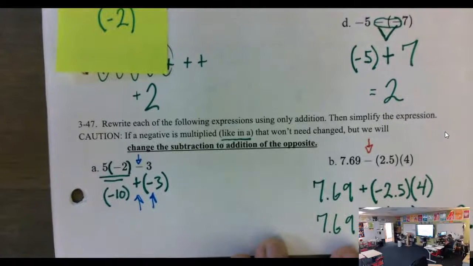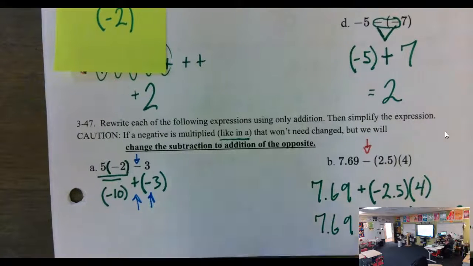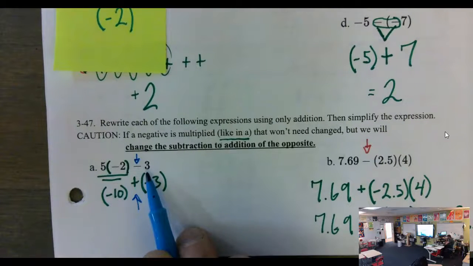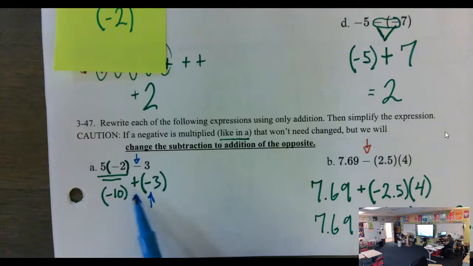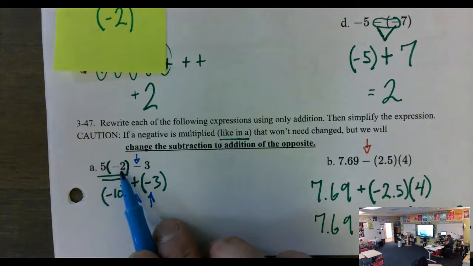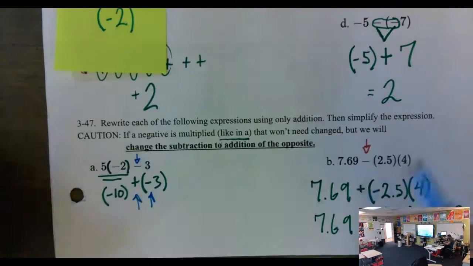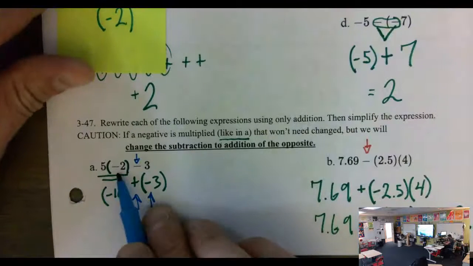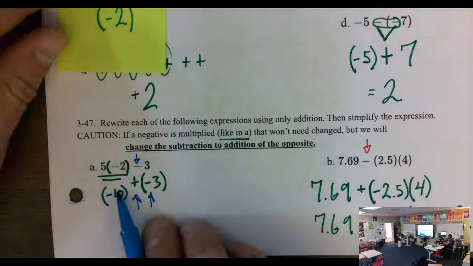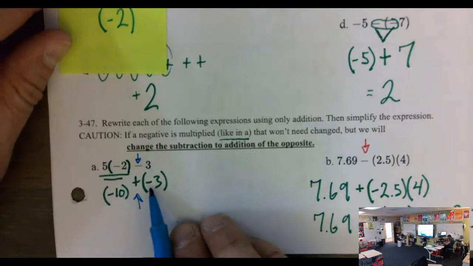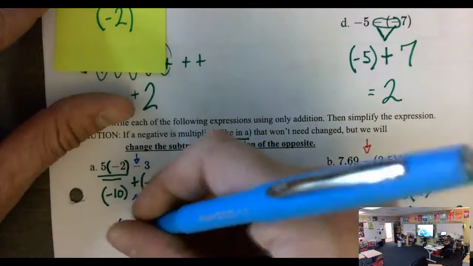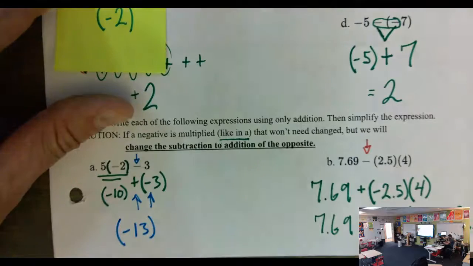Because taking something away, taking away a positive, is the same as adding in a negative. And we know that if we have 5 groups of negative 2, we really have negative 10. 5 groups of negative 2, 5 times negative 2, negative 10. So negative 10 and negative 3, we get negative 13.